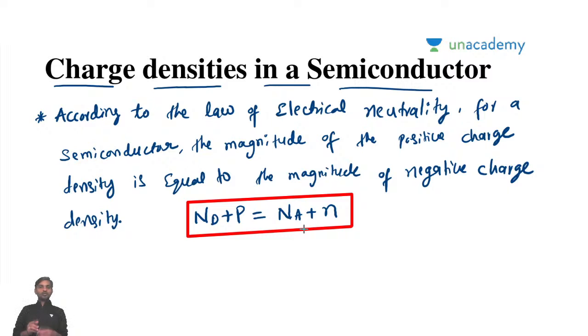So Nd plus p is equal to Na plus n. This is very important, sir. I'm telling you, in 2021, a question was asked based on this concept.